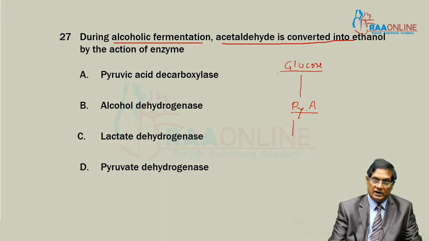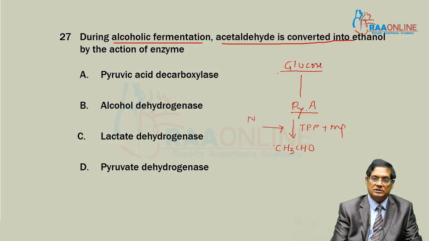This pyruvic acid with the help of TPP plus Mg is converted into acetaldehyde, CH3CHO, and this is decarboxylation.